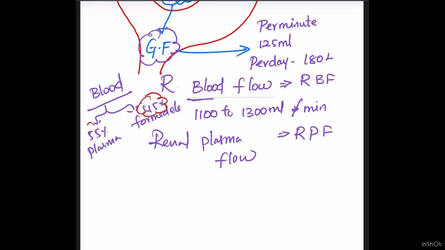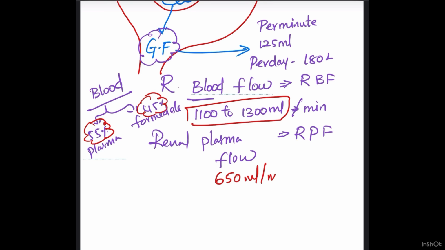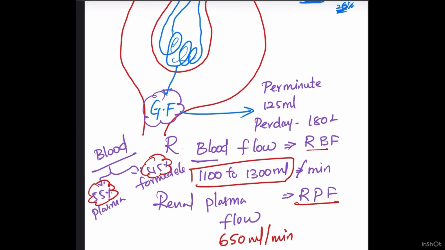From this, only the 55% plasma is filtered, which means around 650 ml per minute. Remember, renal plasma flow is how much plasma flows, and renal blood flow is how much blood flows per minute.